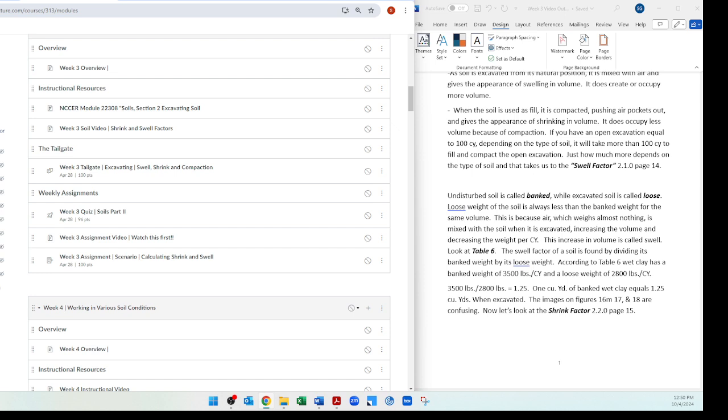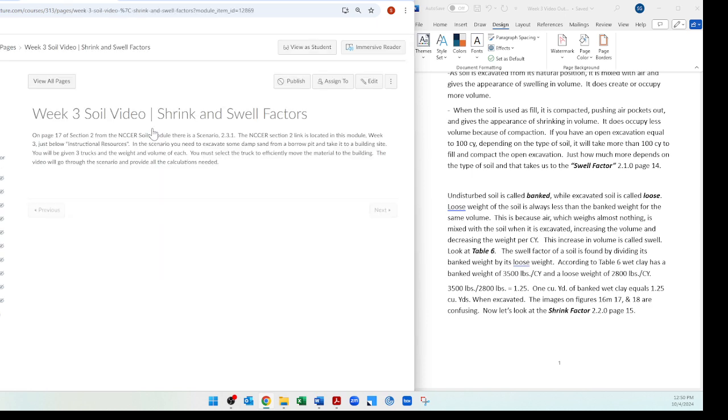In the scenario, let's go back and see what the scenario asks us to do. I forgot that. Let me find it. I think it's right here. There it is. More of an overview. This is where I'm going to put the video.